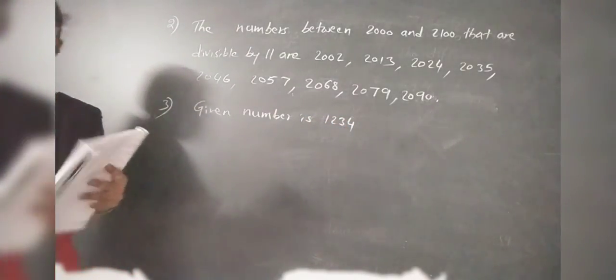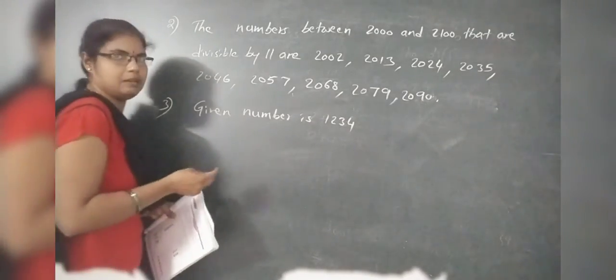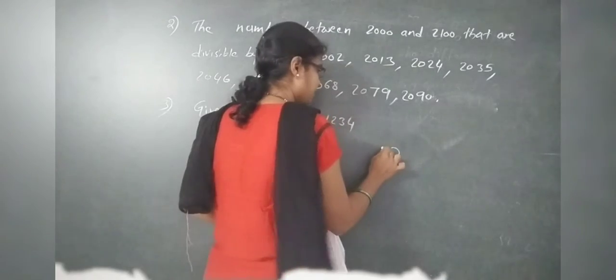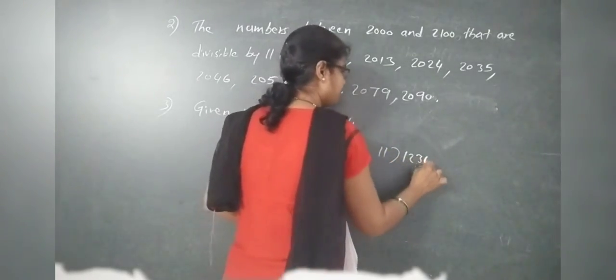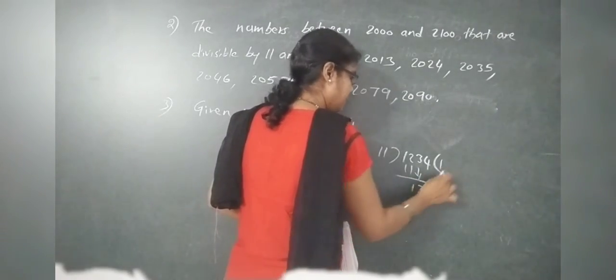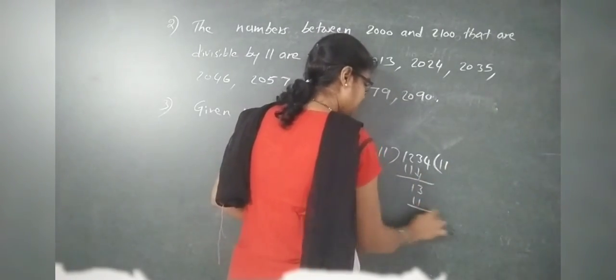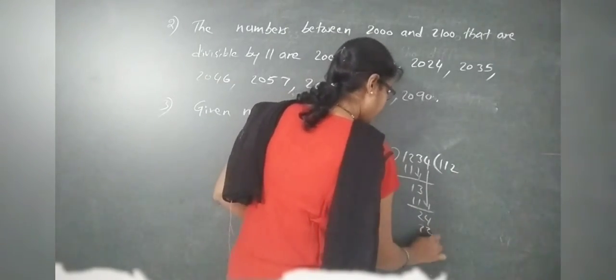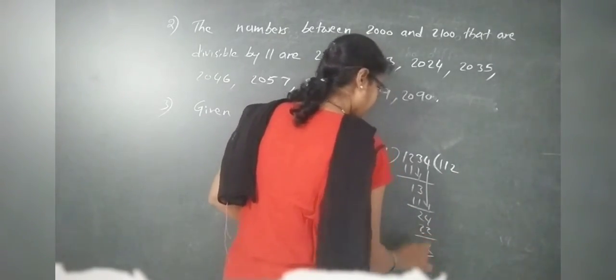Which is the smallest nearest number to this number that is divisible by 11? So how to find it? First we have to check it. 11 ones are 11, remainder 1, bring down 3. 11 ones are 11, remainder 2, bring down 4. 11 twos are 22, remainder 2.